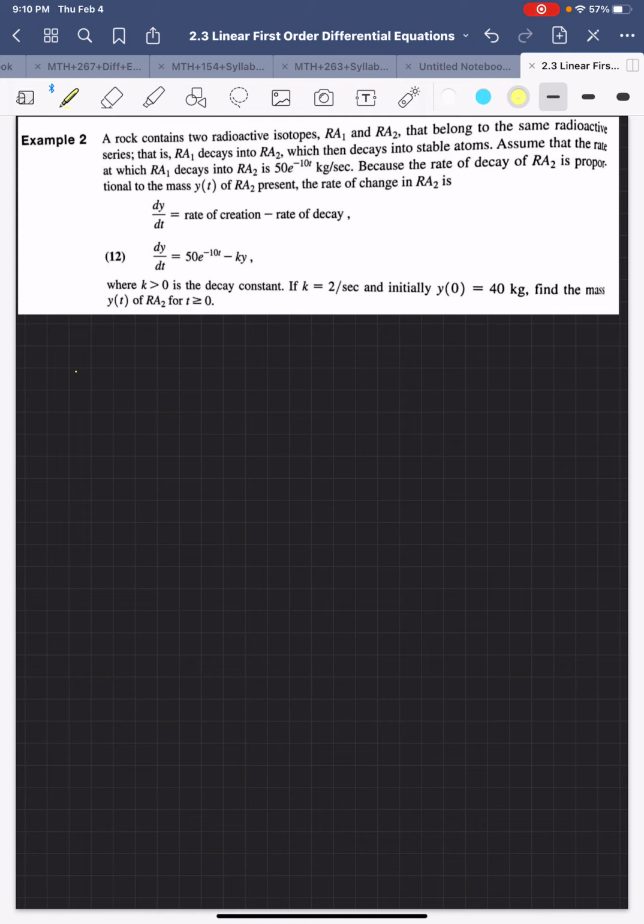So let's start. The thing that we're given is dy/dt, right? This is just the rate of creation minus the rate of decay. Let's see if we can unpack that in just a second.